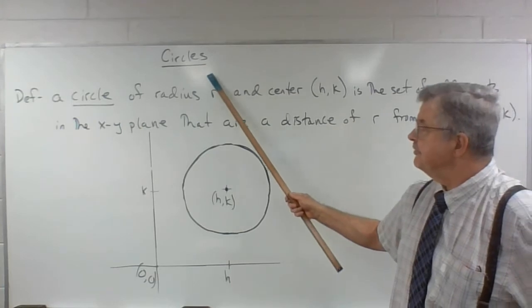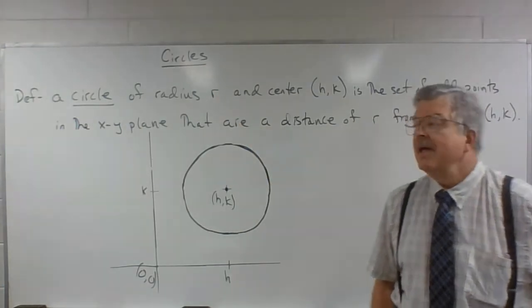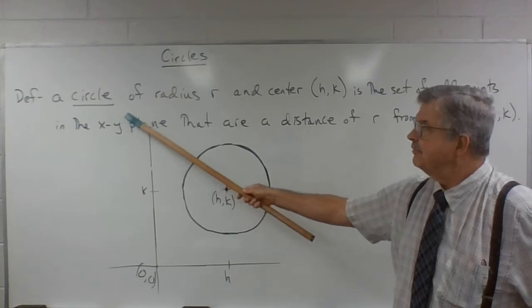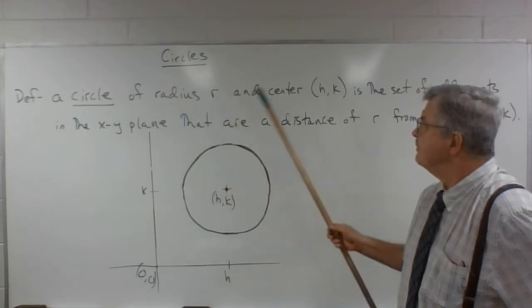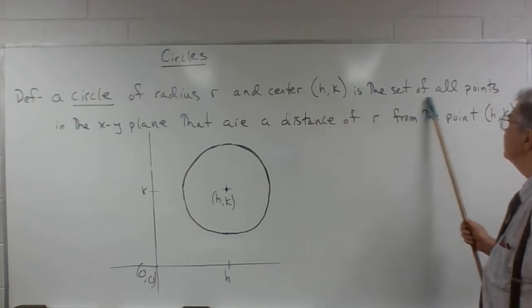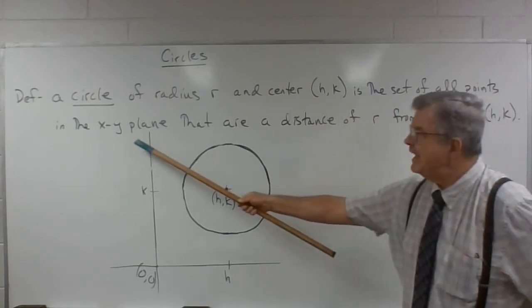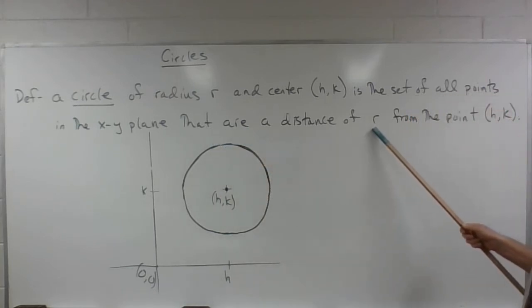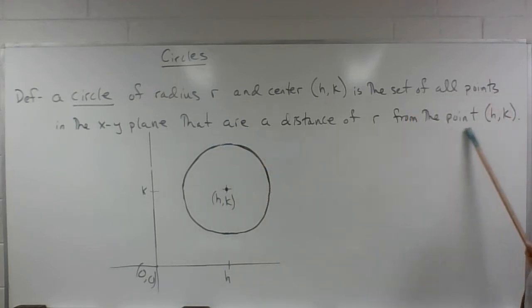This is about circles, and here's how we define a circle. A circle of radius r and center (h, k) is the set of all points in the xy plane that are a distance of r, the radius, from the center (h, k).